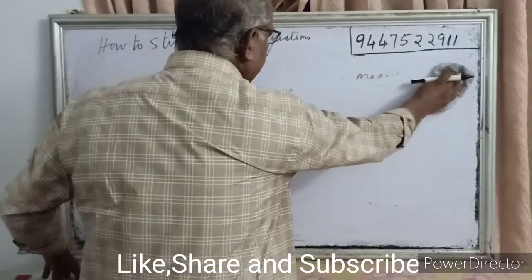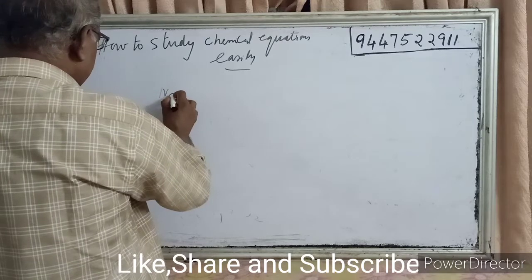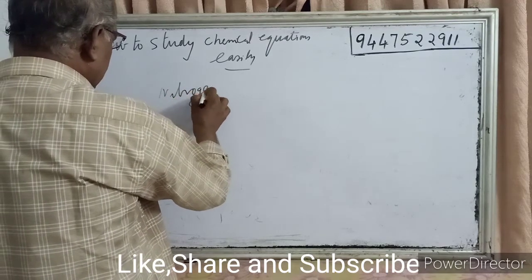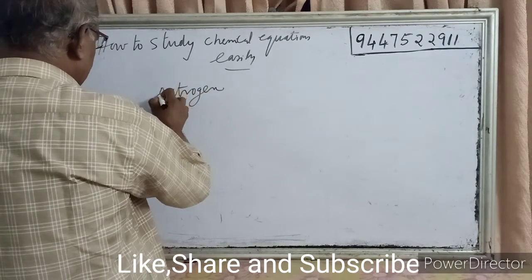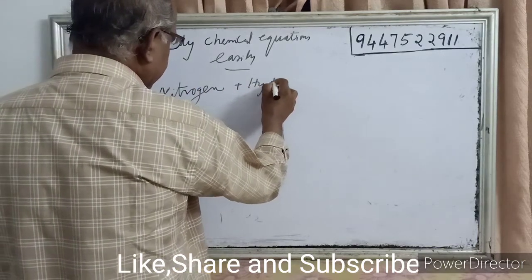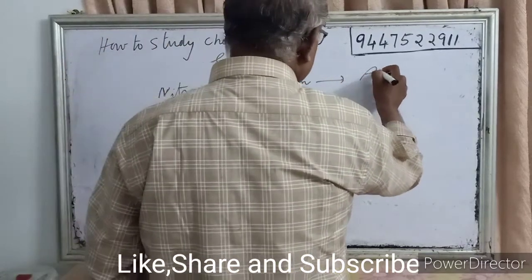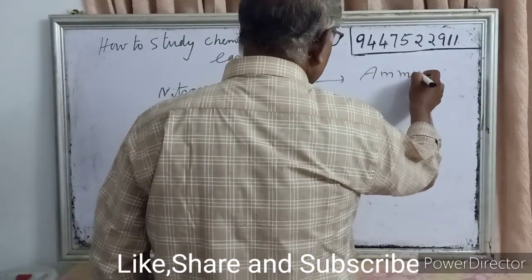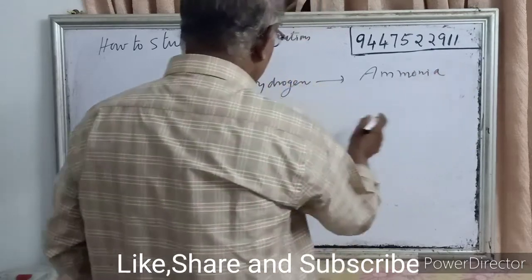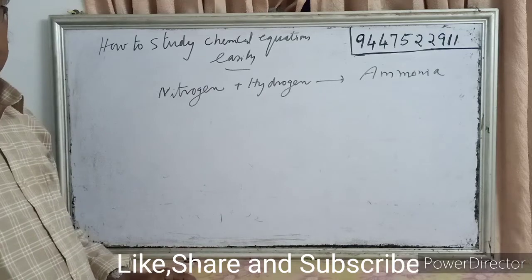The next equation: nitrogen combines with hydrogen to give ammonia. So this is the equation written in words.